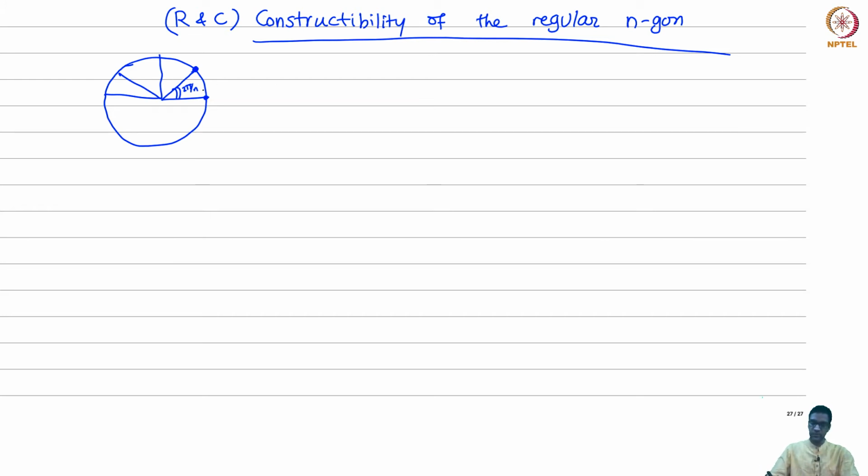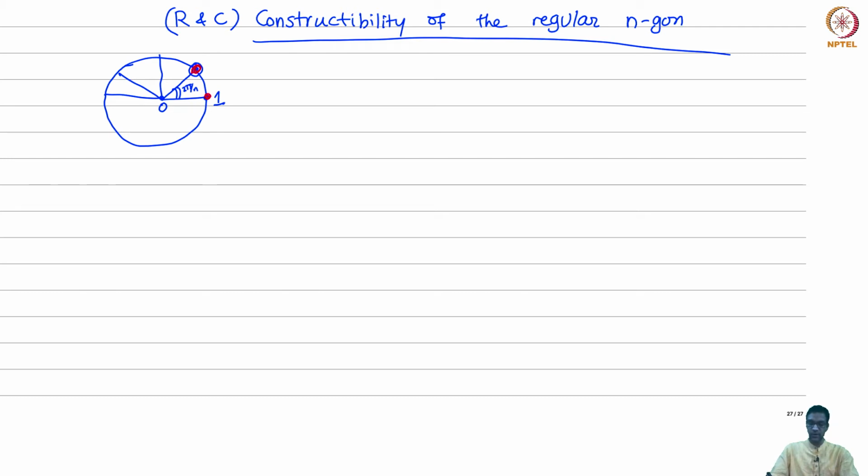So observe that to construct the regular n-gon, remember this point is assumed to be given. When you do ruler and compass constructions, you assume 0 and 1 are given. Now if you can construct this point here, then of course you can construct the regular n-gon, because you can draw the unit circle, and if you can construct this first point, then I can construct all the other points as follows.